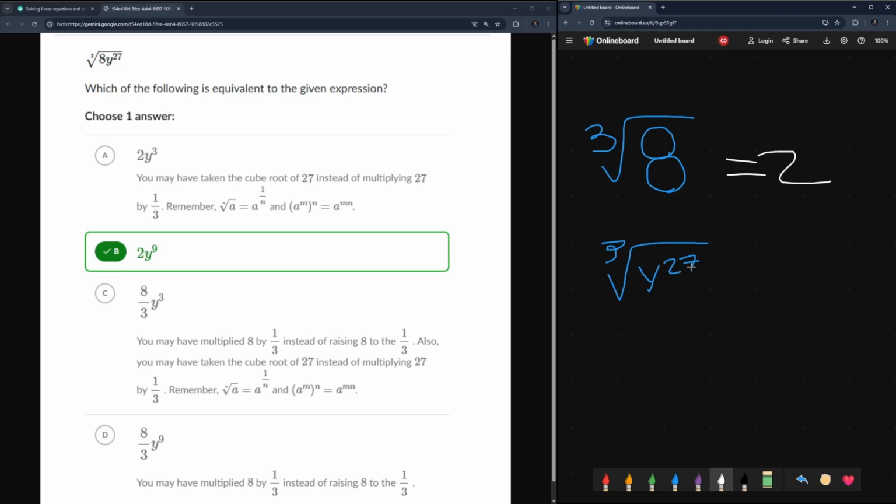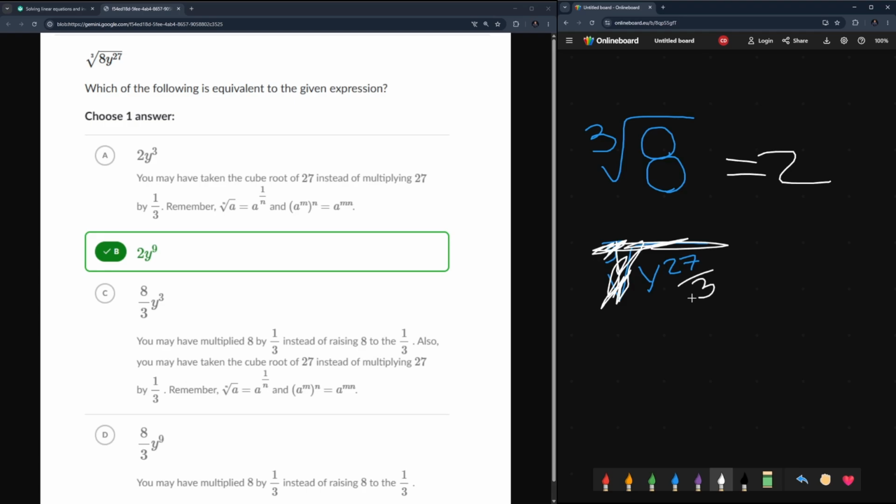Now over here there's an important rule that we have to talk about, that is the power over root. This is the root, this is a power. When you have that, you do power over root. So essentially you're deleting the cube root, and now you just have y raised to 27 over 3, because the power that was 3 is now dividing, right?